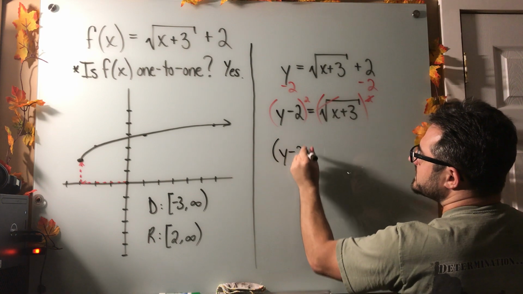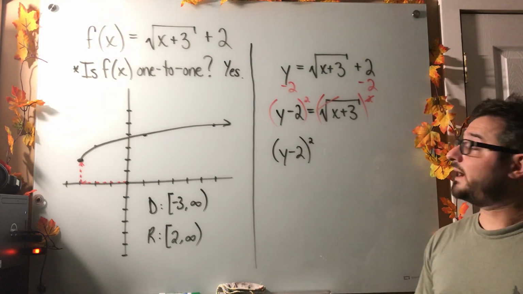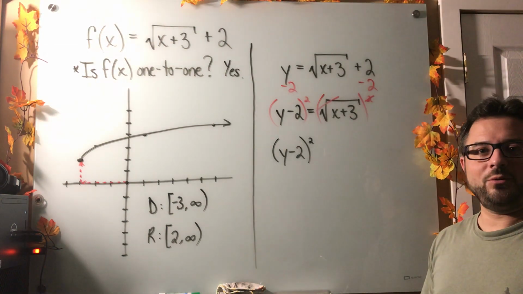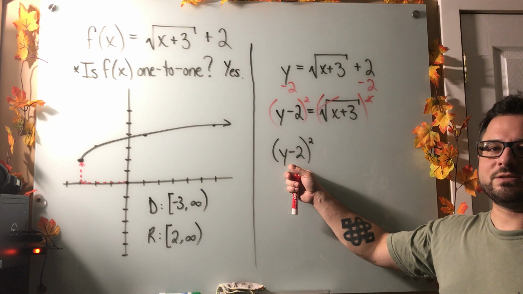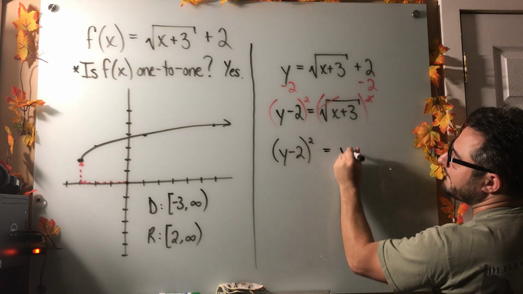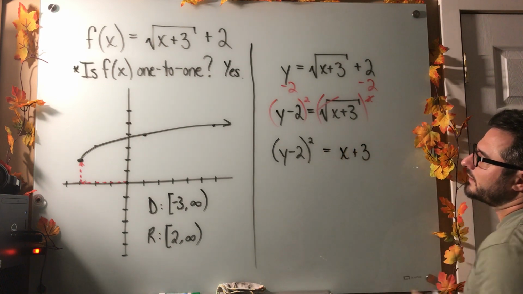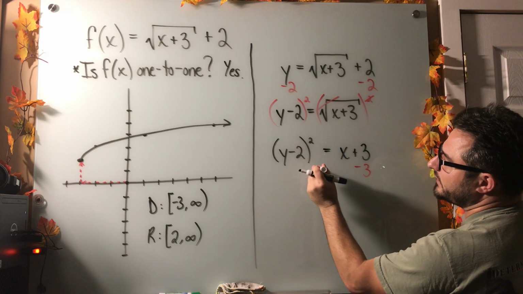Now, could we expand out the y minus 2 squared? Could we FOIL that out? Well, I suppose we could, but why would we? This is going to be in a great form for using transformations. So we're going to leave it like that. Lastly, we're going to subtract 3.